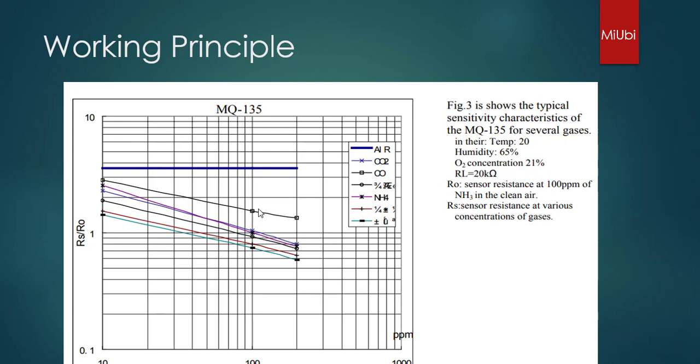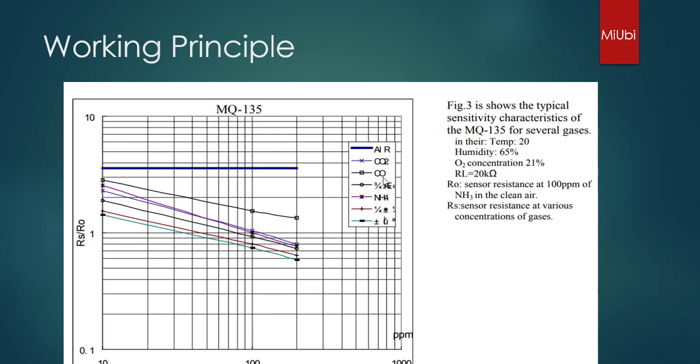If they reach a particular value, greater than somewhere around 3 or 4 in normalized resistance, then this corresponds to the 100 ppm level of that particular gas.